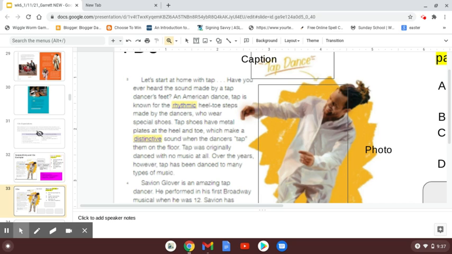As I'm reading, I'm going to underline key details or important information to help me better understand what paragraph 3 is mostly about. So it says, let's start at home with tap. Okay, so that's what the caption was talking about, tap. And it says something about tap right here. So I'm just going to underline that information.